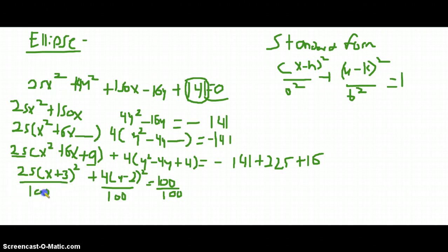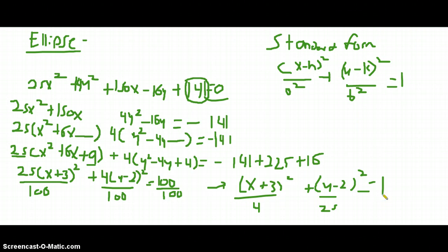So we divide by 100, and over here will be our answer: x plus 3 squared over 4 plus y minus 2 squared over 25 equals 1. But we're not done yet.